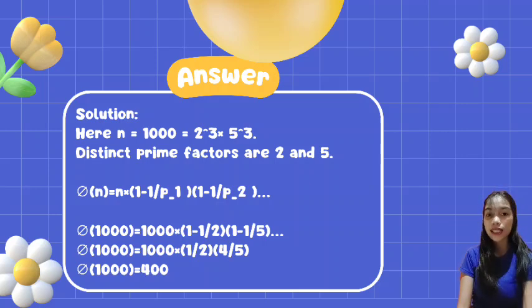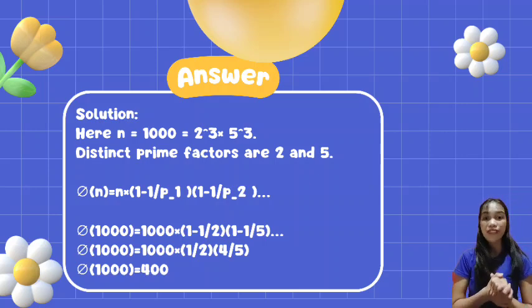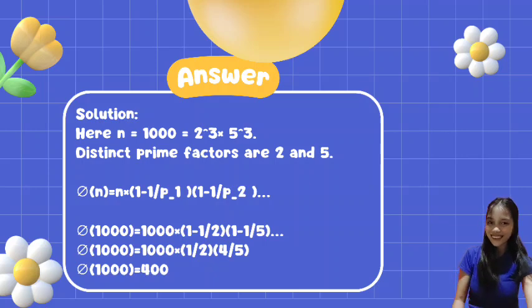Since 1000 is a composite number, we will now use case number 3. Now, let us identify what are the factors of 1000. Great! We have 125 and 8.